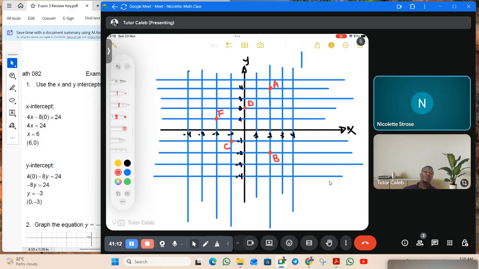You go in alphabetical order, A, B, C, D, then E. For A, it is 2, 4. Correct?